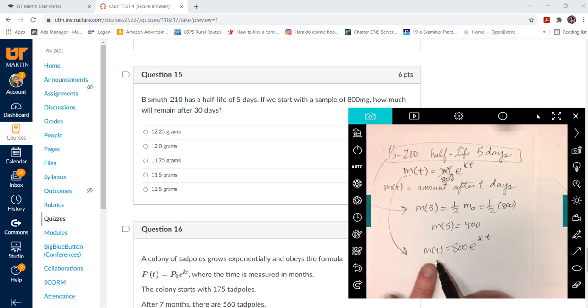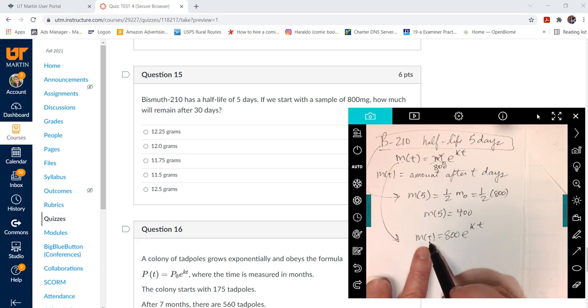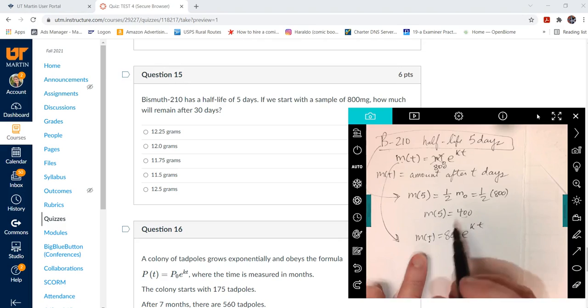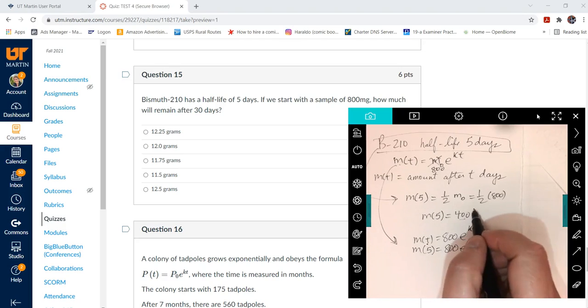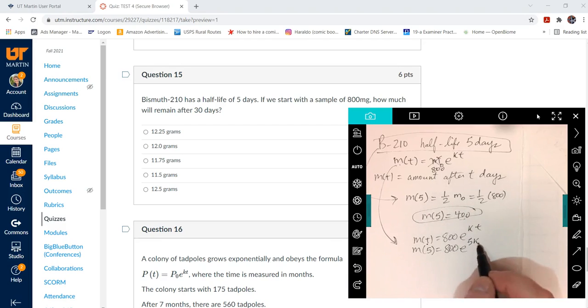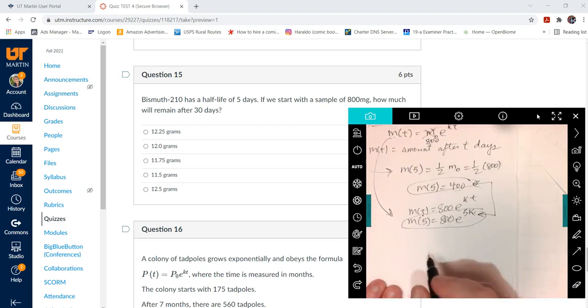Now I'm purposely going to choose T equal to 5 because I want 2 expressions for M of 5. So using this formula, I'll get e to the power of k times 5, which I'll write as 5k. So I have M of 5 here, I have M of 5 here, and we put these two things equal to each other.